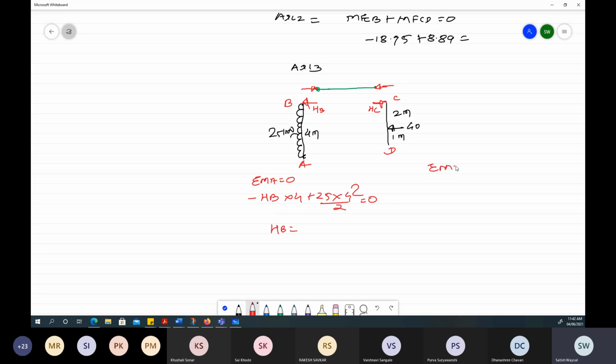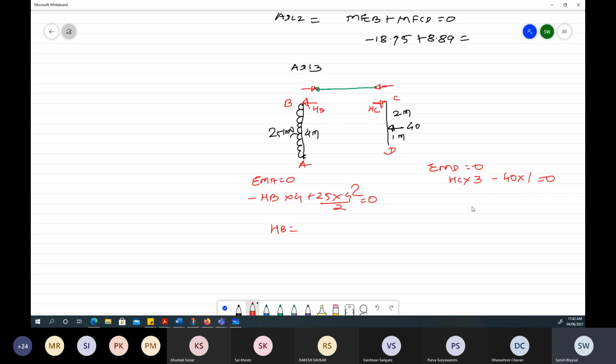In a similar way, moment at D is equal to 0. So this is minus HC into 3 minus 40 into 1 is equal to 0.